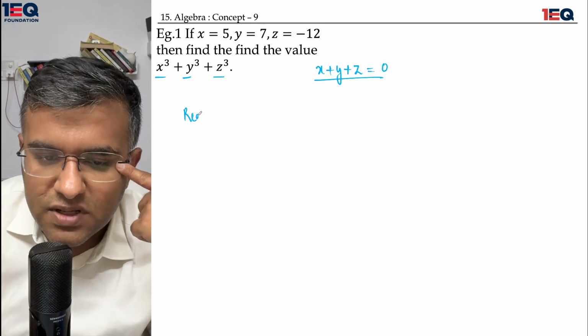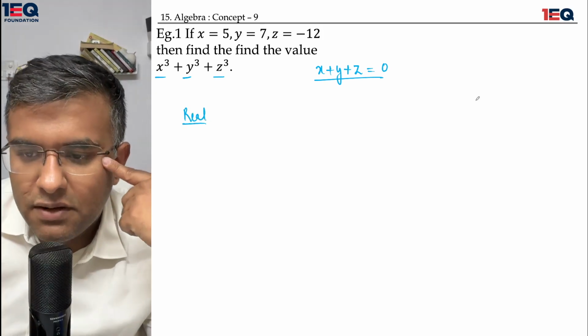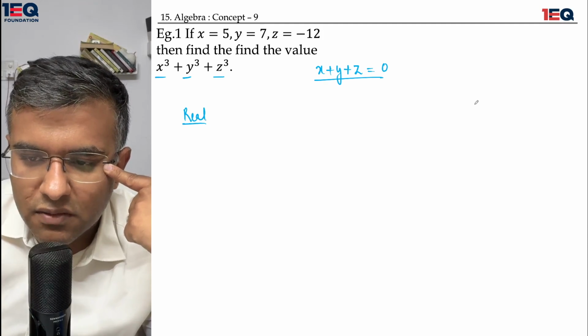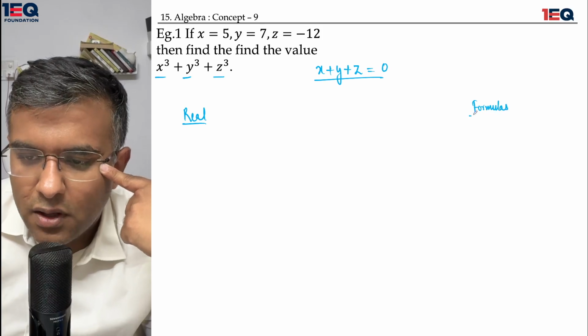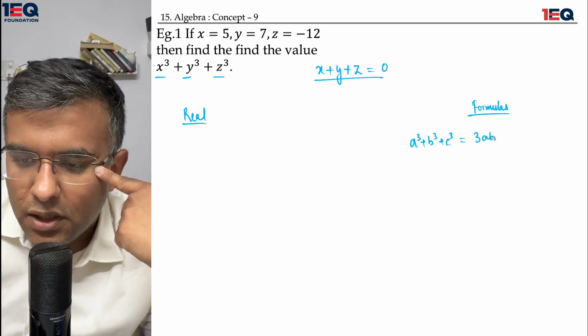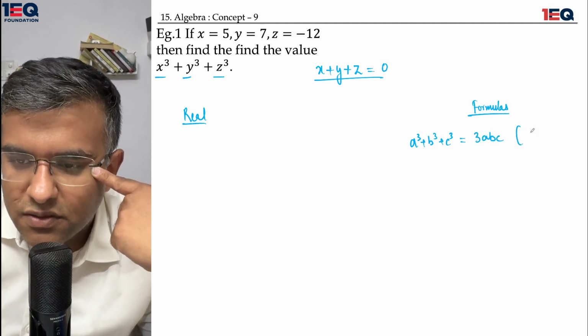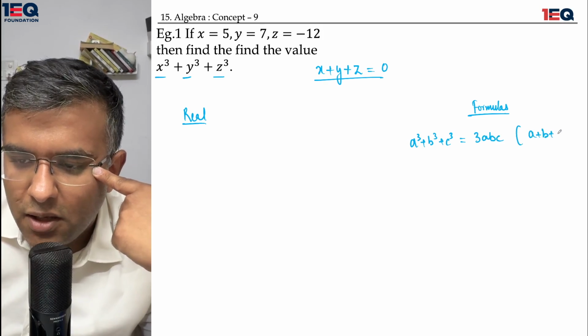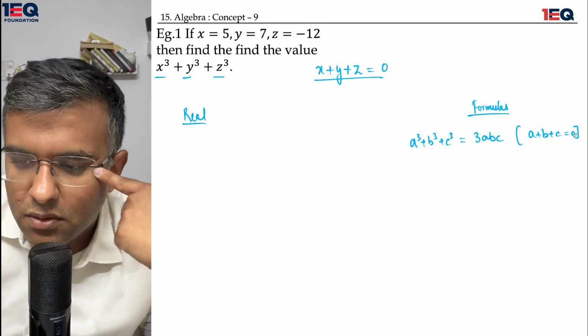What we are going to do is we are also going to do it really, and we would also be able to do it with the help of formulas. The formula says that a cube plus b cube plus c cube would be equal to 3abc, the precondition being that a plus b plus c is equal to 0.